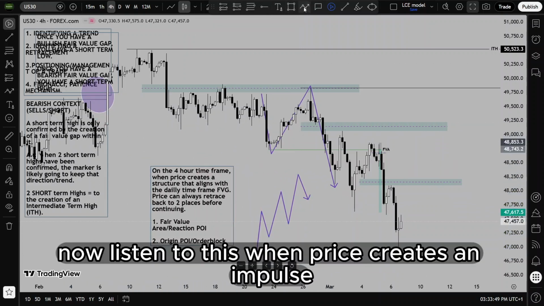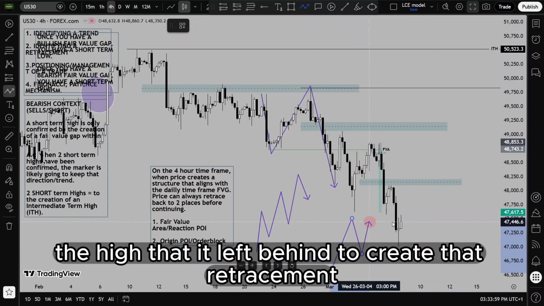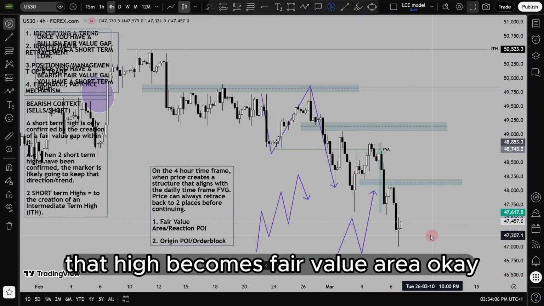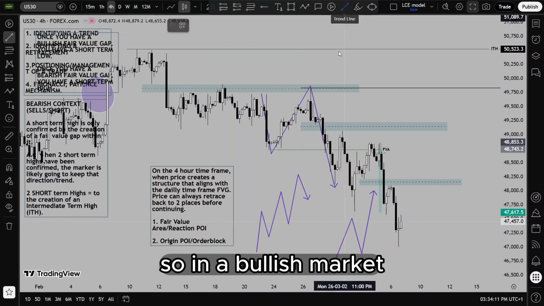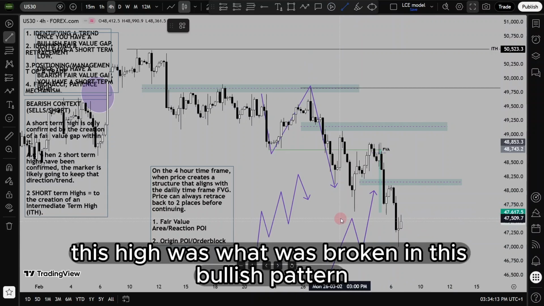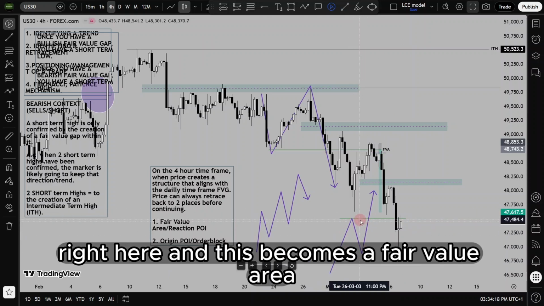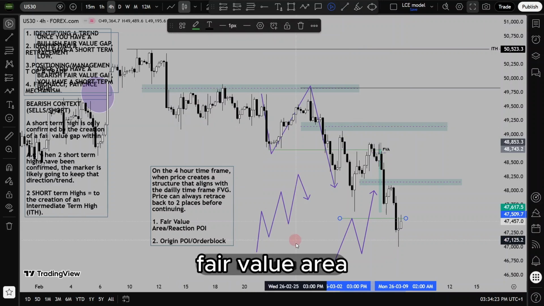Good. Now listen to this. When price creates an impulse and then it creates a retracement, the high that it left behind to create that retracement, once price breaks that high, becomes fair value area. So in a bullish market, this high was what was broken in this bullish pattern right here, and this becomes a fair value area.